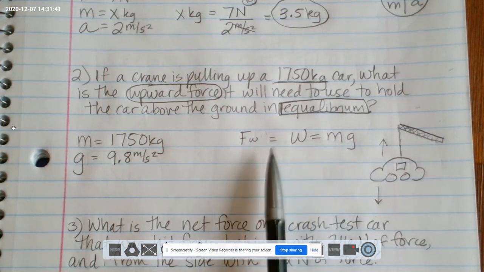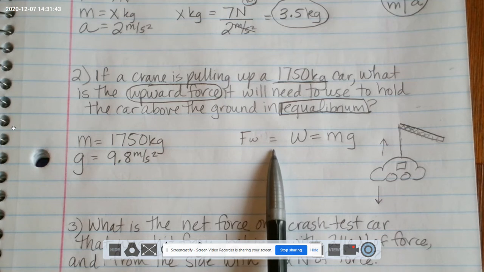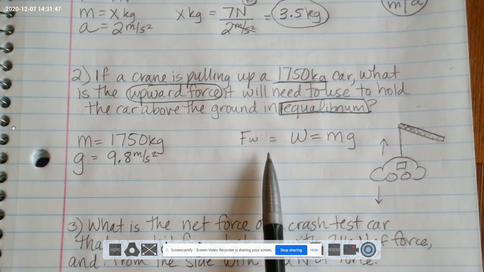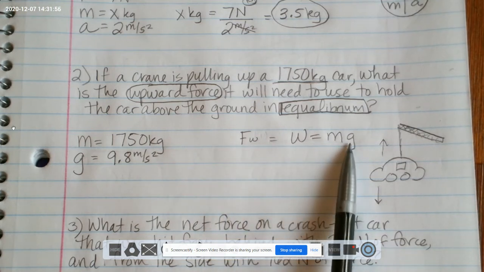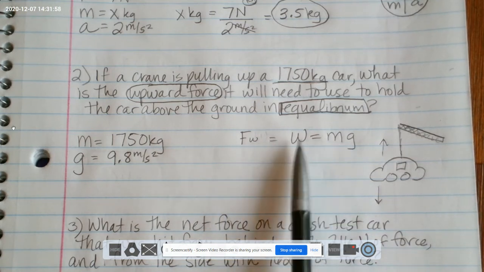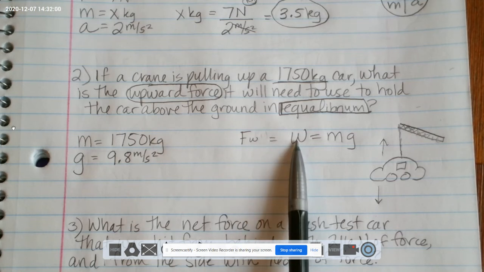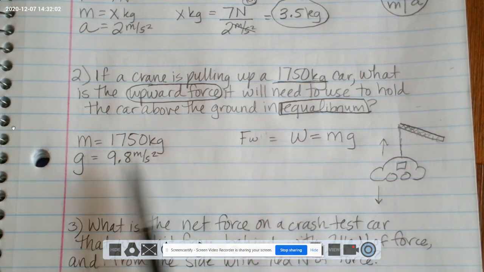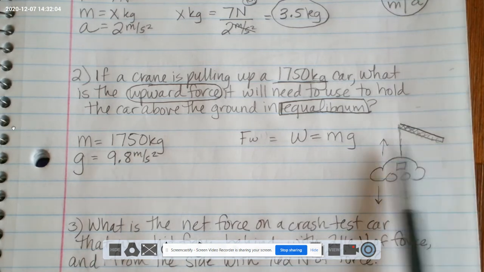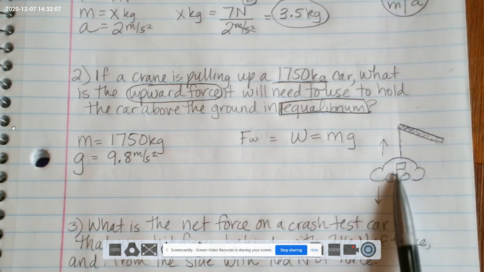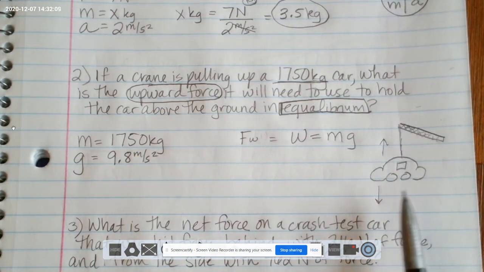You can't have a negative force weight. Just doesn't happen. If you stand on something and it pulls you down towards the planet or the moon or whatever you're standing on, or if you get on a scale, that's gravity pulling you down, but you can't have a negative weight. So when we're solving, we're using a positive number. But if we draw it on a force diagram, we know that it's pulling downward and it would balance out as a negative number.